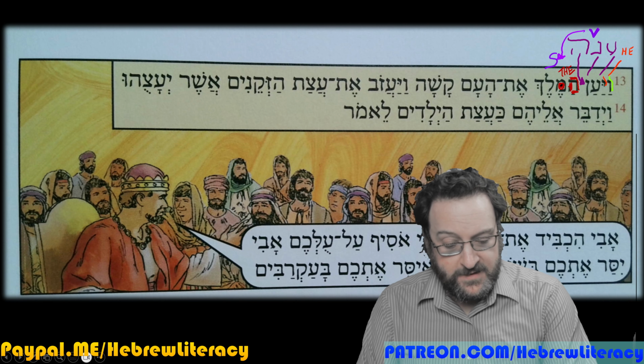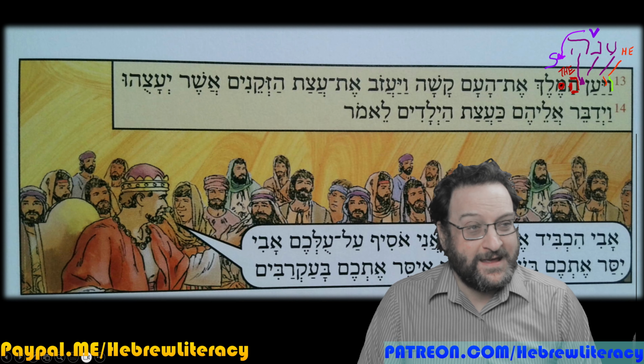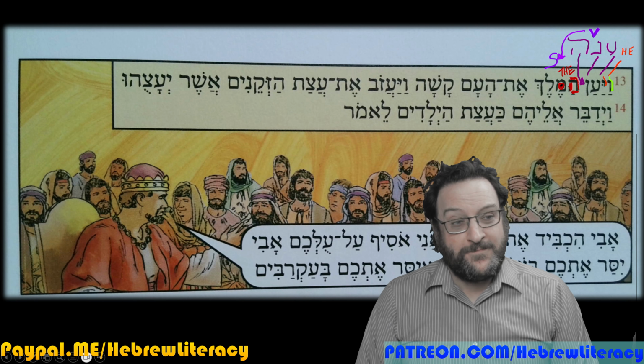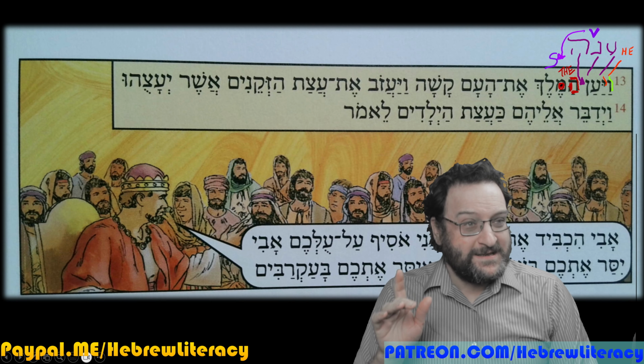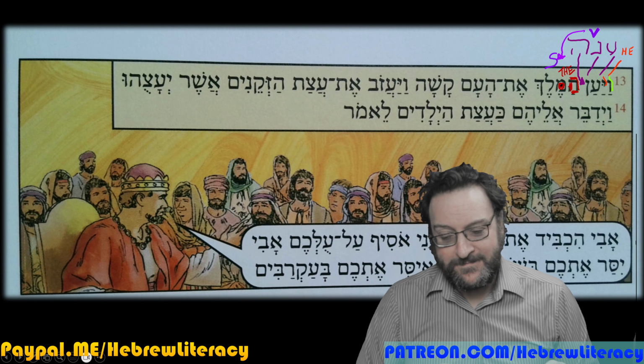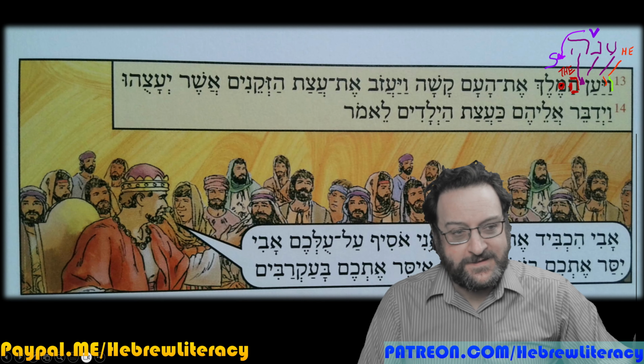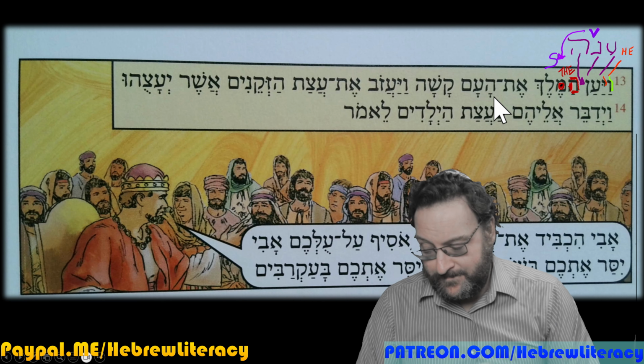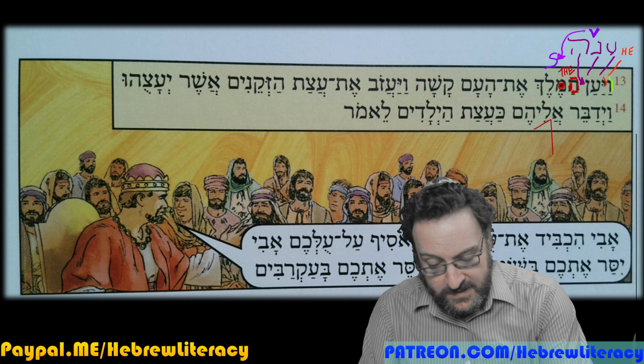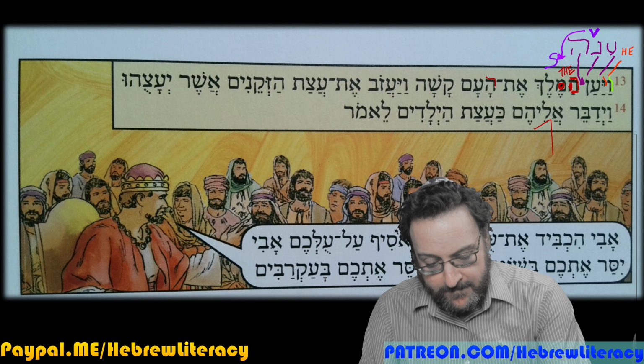So Anna being the verb, and the subject is Hamelech. So, and or but, the king answered. Okay, and we have et, we don't translate. Et ha'am, the people.